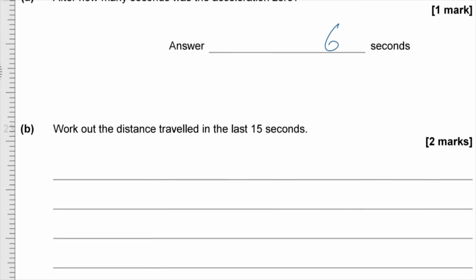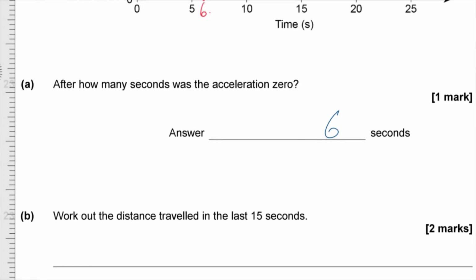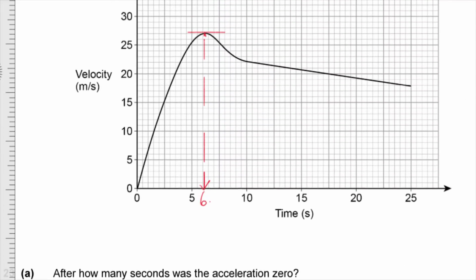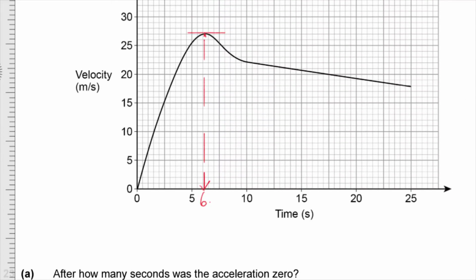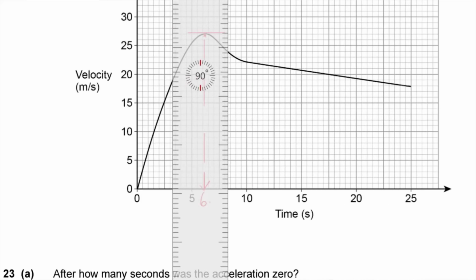And then it says work out the distance travelled in the last 15 seconds. Now distance travelled is the area under a velocity time graph, and the last 15 seconds is, so 25 seconds less 15 is 10.